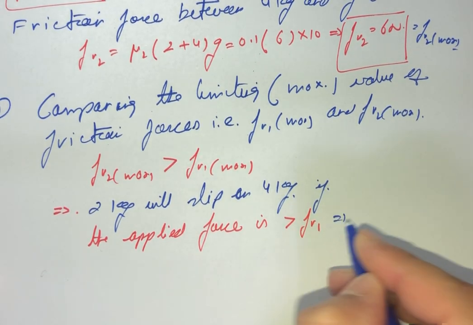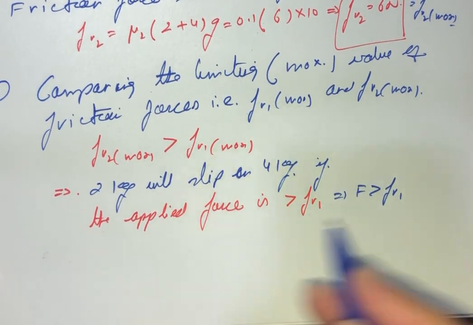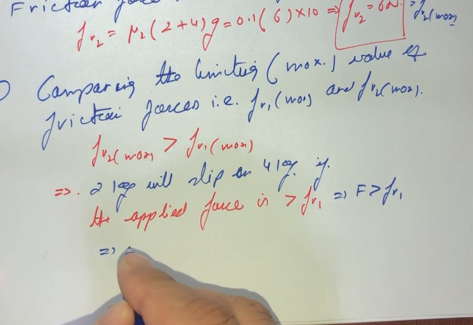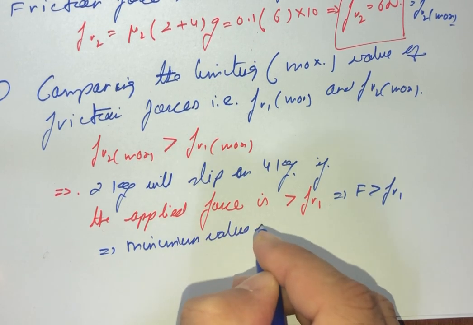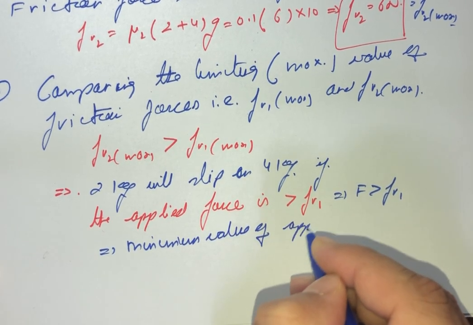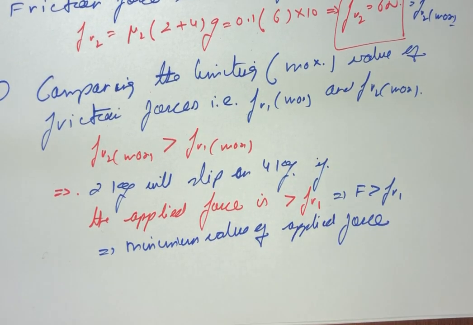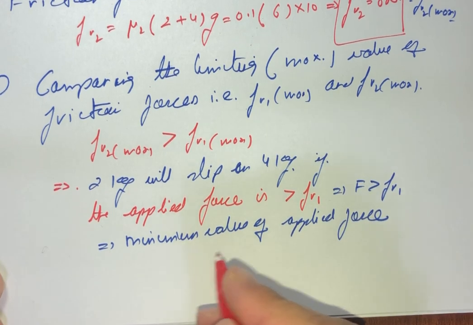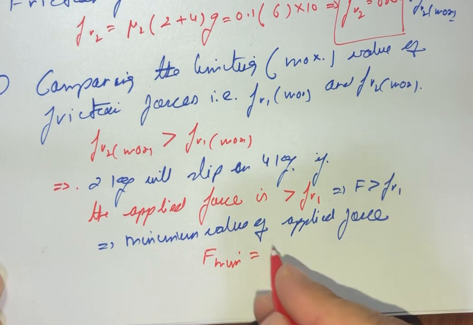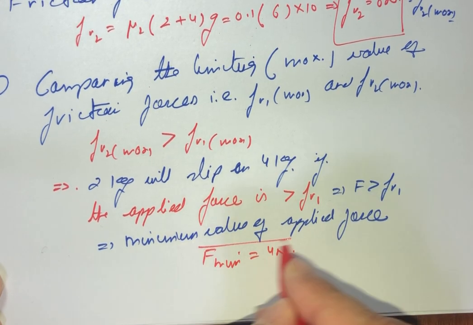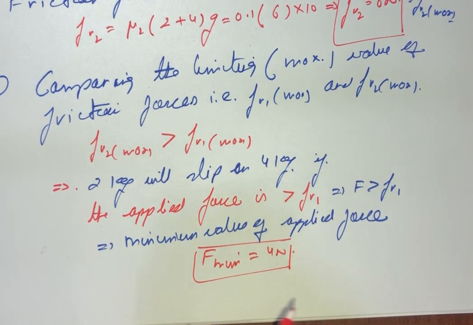So which basically means F is greater than Fr1, and we are going to find the minimum value. Therefore, the minimum value of applied force, F minimum, will be equal to the value of Fr1, that is 4 newtons. This completes the first part.